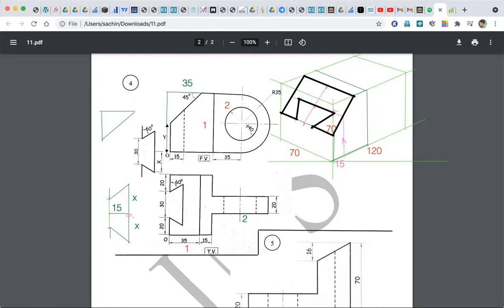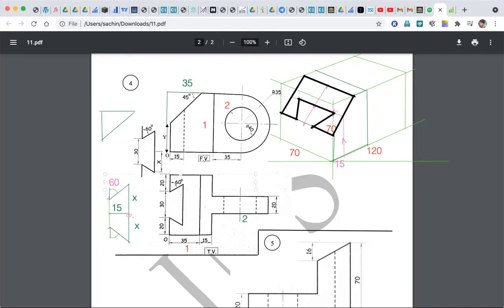You take midpoint of that and you take 15. And you take this angle 60 degree. ऐसा है. हाँ बोलो.